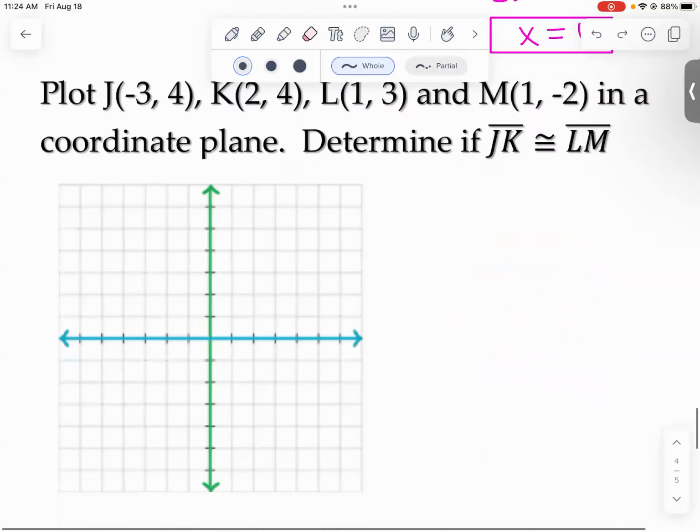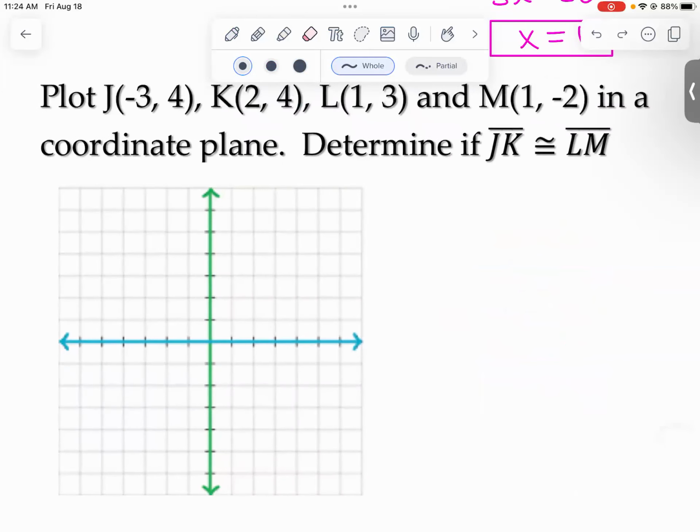Could you please plot those 4 coordinates?